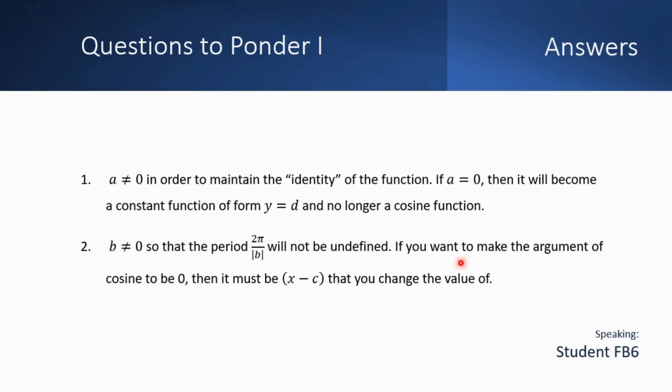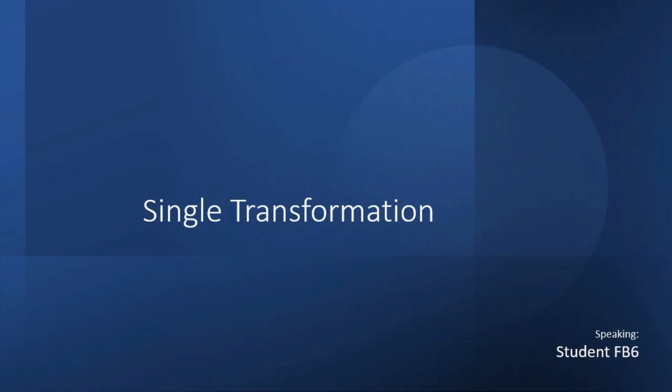If you want to make the argument of cosine 0, then it must be the quantity x minus c that you change the value of. That's very great. You're now familiar with the conventional or standard form of the equation of a transformed cosine function.